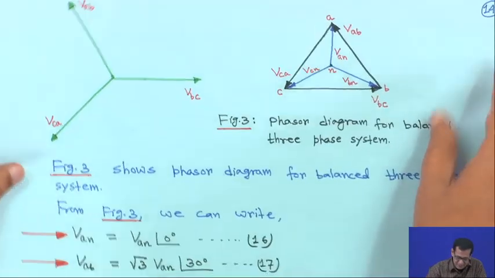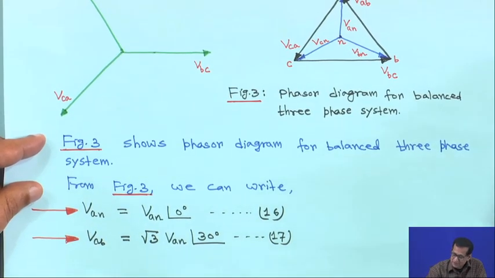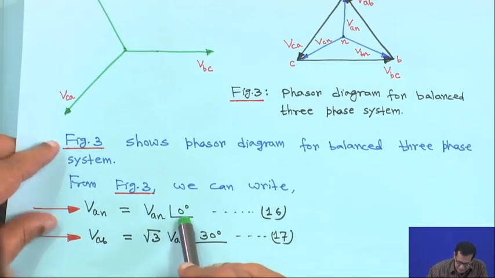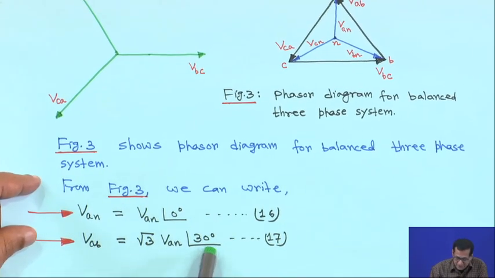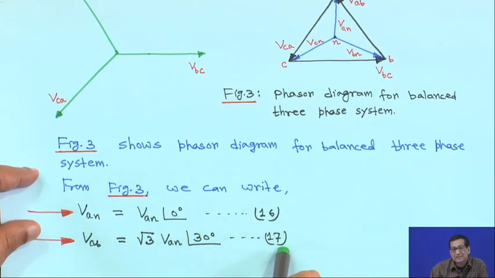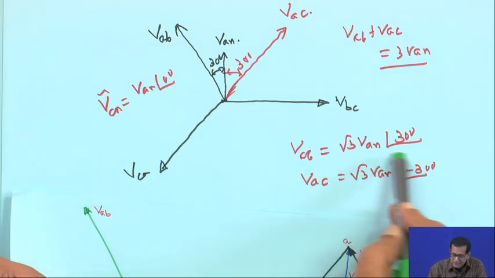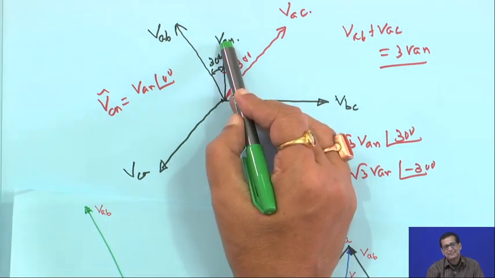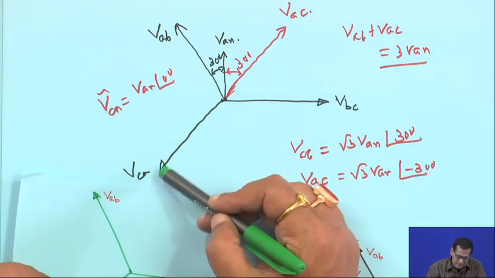So, what we are doing actually, we are taking VN as reference, say VN angle 0 degree, therefore VAB is actually root 3 VN angle 30 degree, this is equation number 17. That is why I have written VAB root 3 VN angle 30, you take this as a reference, then only the analysis will be easier, right, and it is VCA.